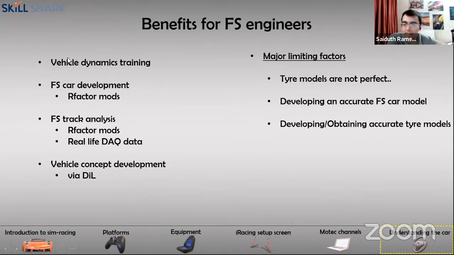Major limiting factors: tire models are not perfect. That's probably the first problem in any simulation for vehicle dynamics, you need to make sure you have the right tire models. And in terms of these simulators, tire models are not going to be perfect because it's very, very sensitive data. Pirelli is not going to give all its information to its teams. Michelin is not going to give all its information to its teams. So it's all about understanding how much of an error there is.